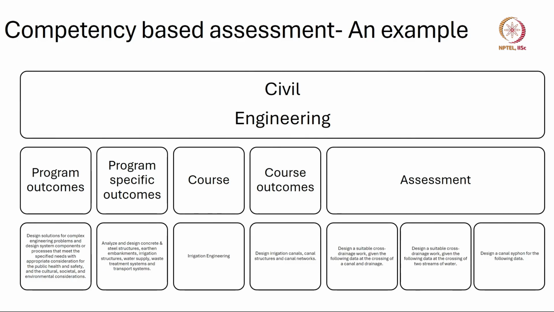For example, the first question is: design a suitable cross drainage work at the crossing of a canal and drainage using the given data. Then: design a suitable cross drainage work at the crossing of two streams of water. And the third one is: design a canal siphon based on specified design parameters.